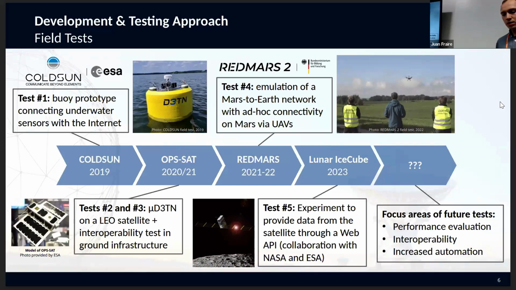Another test was two years ago in a project we call Red Mars. There we emulated a small Mars to Earth network on Earth to show that micro DTN can also deal with ad hoc discovery and be integrated at the same point in time into a space network which has continuous connectivity based on a contact plan.